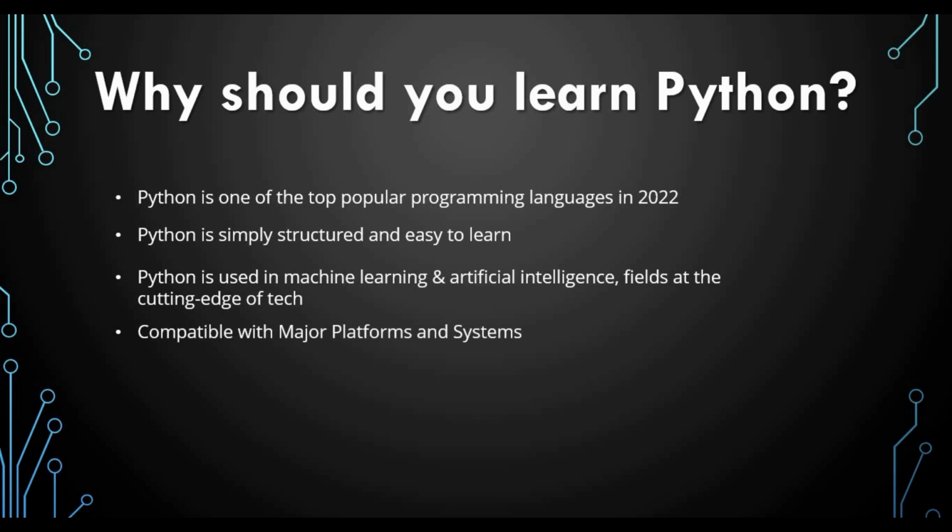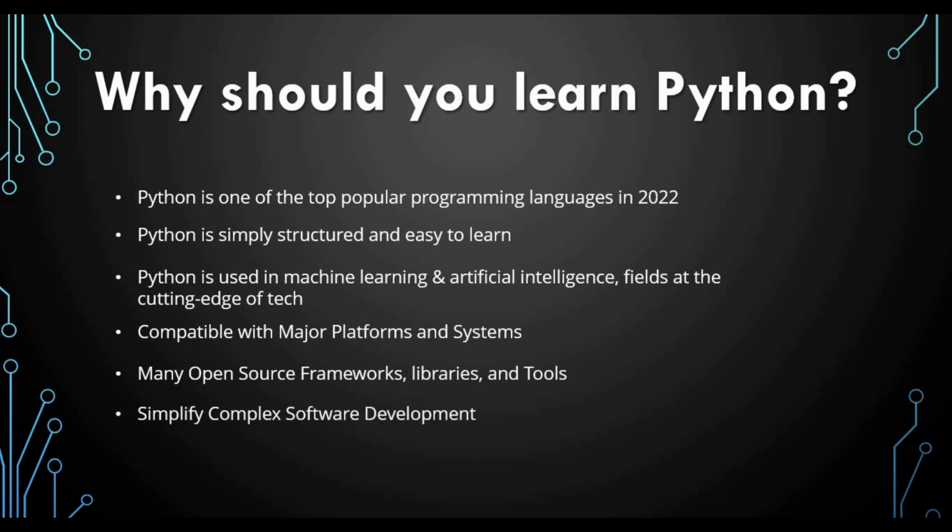And not only as a programming language, or from the DevOps or automation side, you can use Python for other new technologies as well. The benefit of Python is that it's compatible with major platforms, operating systems, and systems, so it's easy to adapt to different platforms. Another benefit is that it has a lot of open source frameworks, libraries, and tools compatible with Python, so you can easily create your code using the Python libraries.